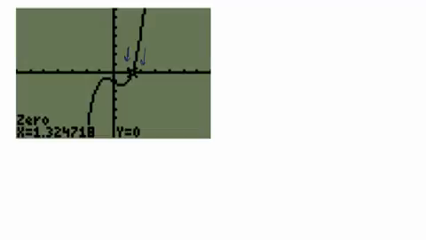Using the zero function on your calculator, we can see that the x value that causes the equation x cubed minus x minus 1 to equal 0 is x equals 1.325. So the answer is yes, there is a value of x such that it's exactly 1 less than its cube.